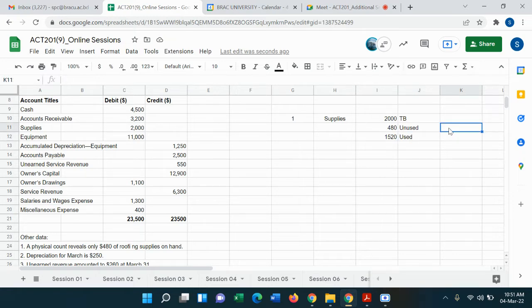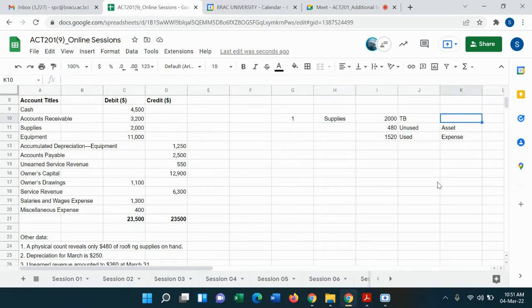This unused is basically what category? It's an asset. And used is an expense, consumed. How has it been recorded? They have recorded it as supplies.